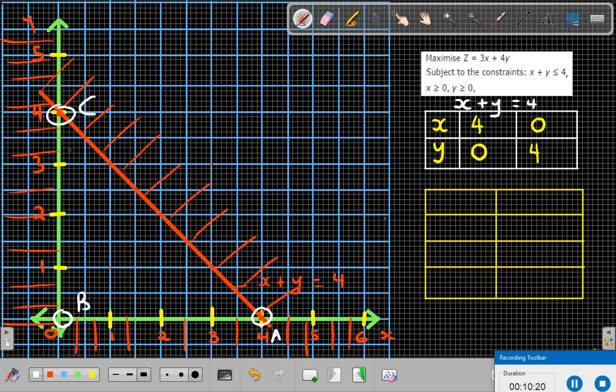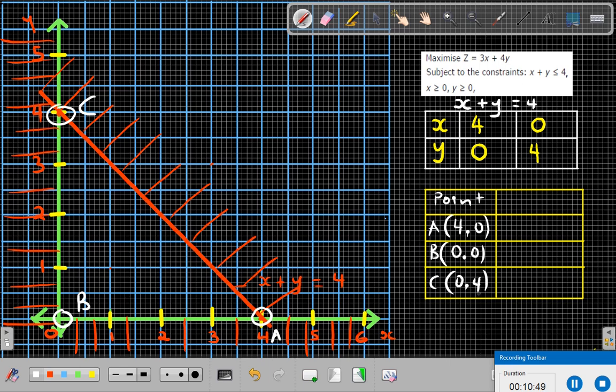Let's call that point C. Now the extreme points: we have A. A is 4, 0. We have point B. Point B is 0, 0. And the point C is 0, 4.